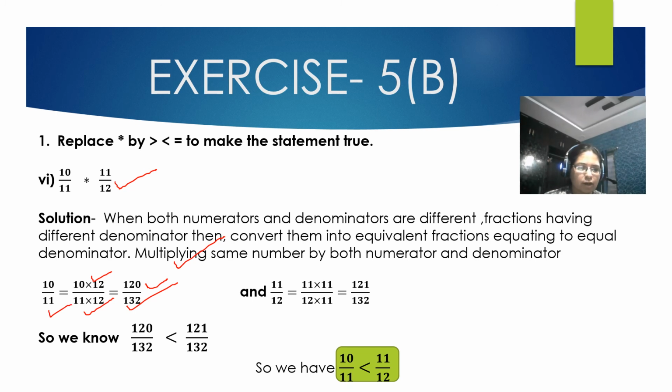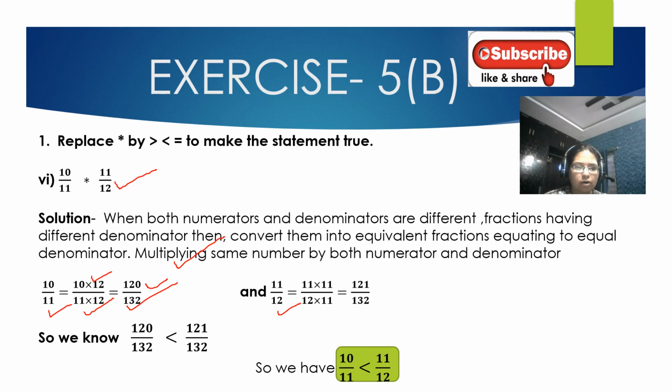So 10 divided by 11 and 120 divided by 132 are equivalent fractions. Now we have to convert the second fraction, 11 divided by 12, into an equivalent fraction with the denominator equal to the LCM 132. We know the denominator 12 multiplied by 11 gives 132.